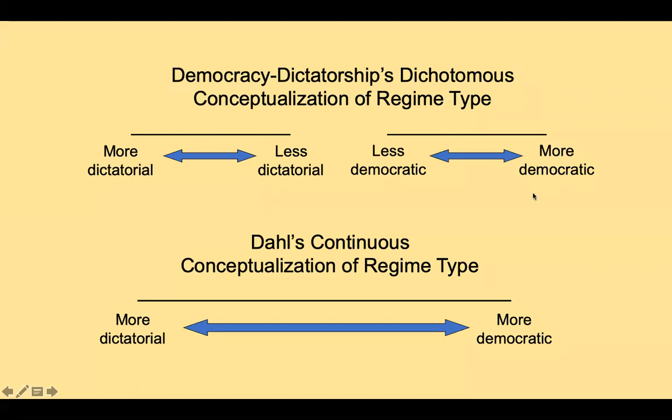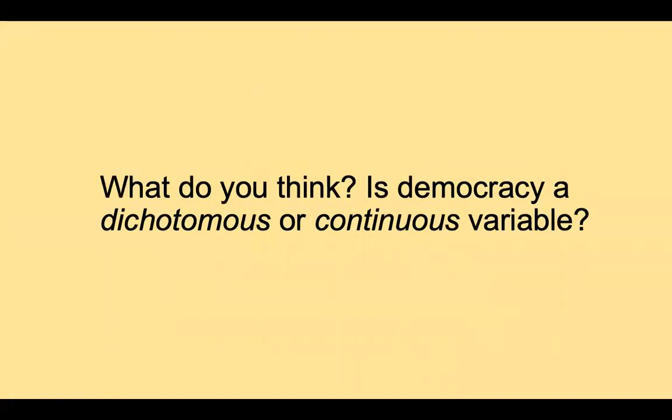Instead, it views the 2 ends as really being 2 polar opposites and 2 ideal types. It's either a dictatorship or a democracy. And we might imagine that there are variations within each of those types, but the measure itself is not that sensitive to those differences. It really just distinguishes between dictatorship and democracy. And so before we continue, and before I incorporate your input, I want to flesh out a little bit why this matters so much, this distinction between dichotomous and continuous.